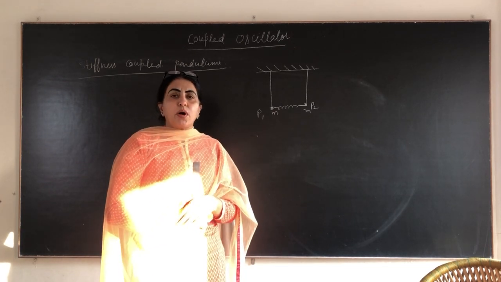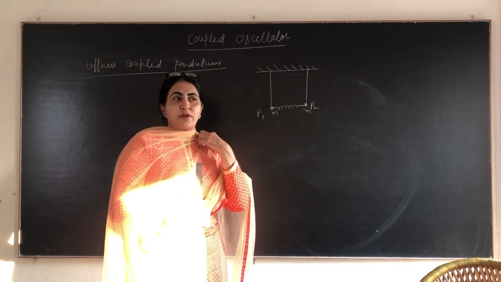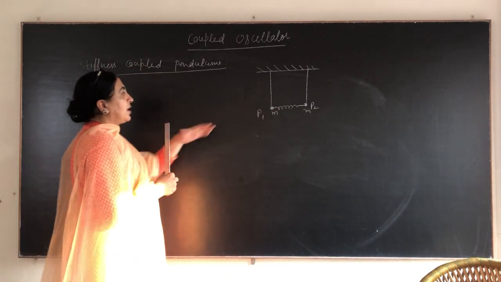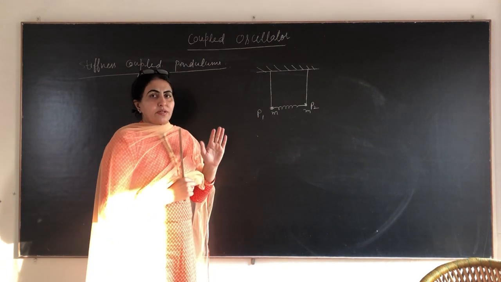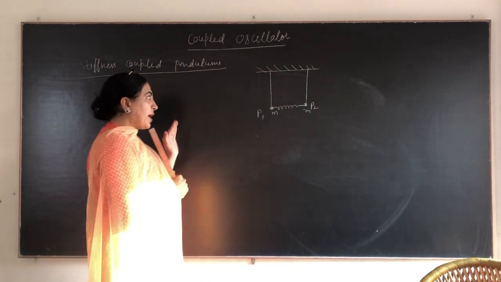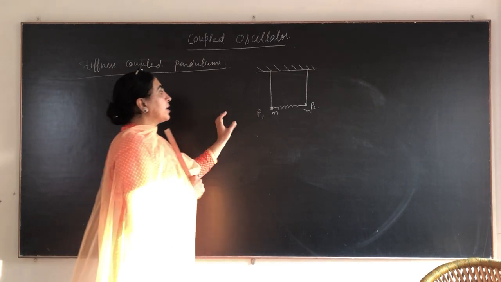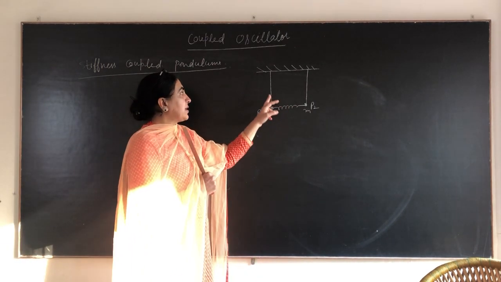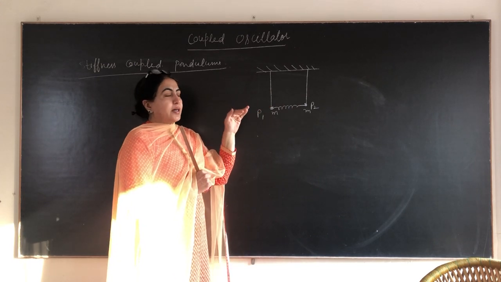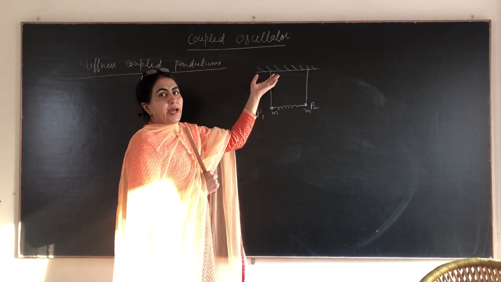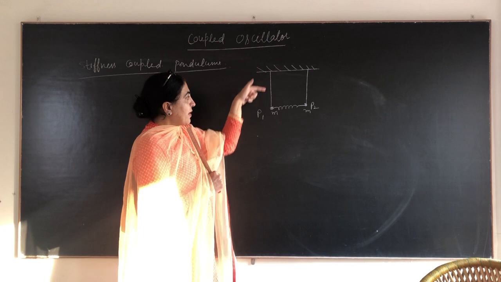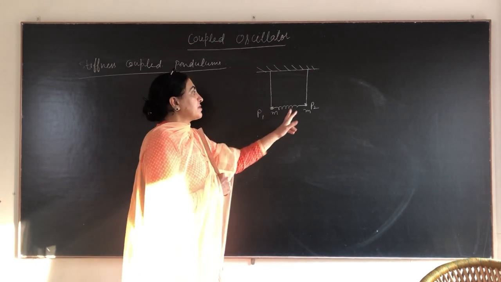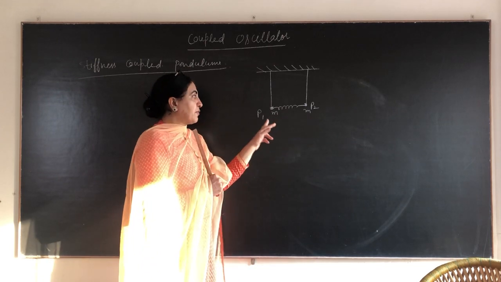This is a very important topic from the examination point of view. So now these are in equilibrium position. So you have to write that we are taking two pendulums, inextensible, suspended from a rigid support, and this thread is inextensible and massless, and they are attached with each other with the help of this spring.